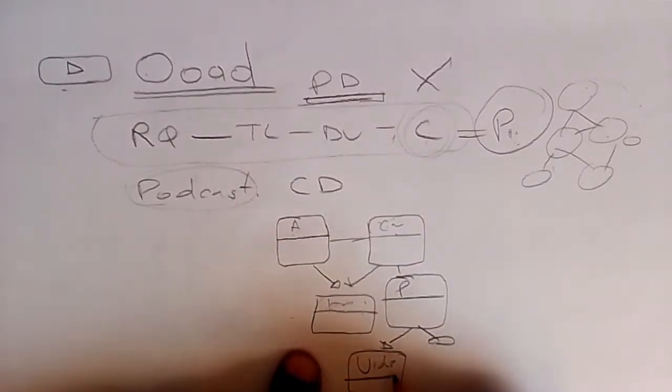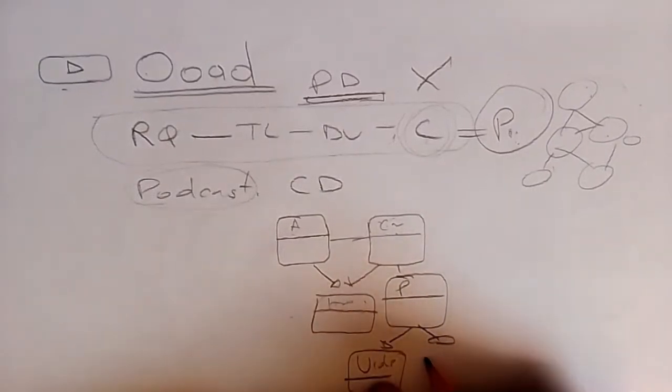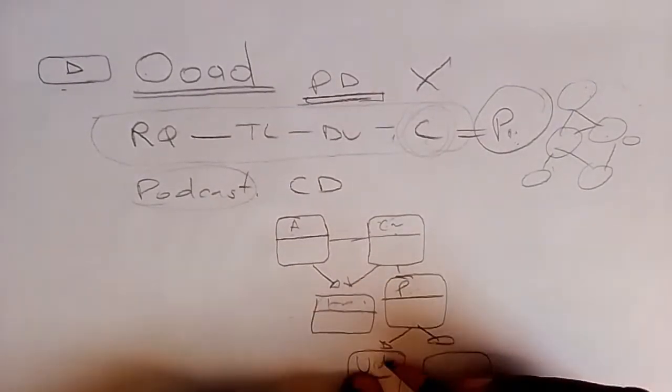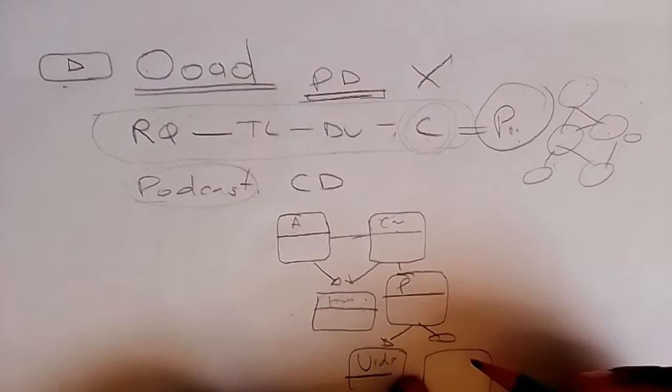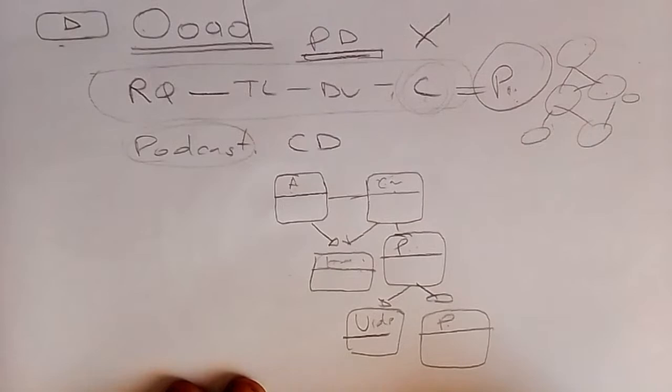Now let's introduce another way, which is a podcast. So this class is going to sit right here. So video inherits publishing, and also now we are going to have podcast inheriting from publishing.